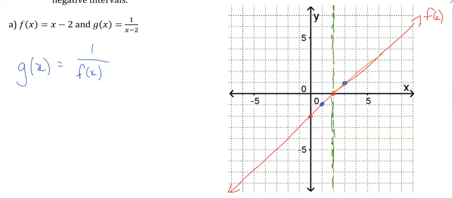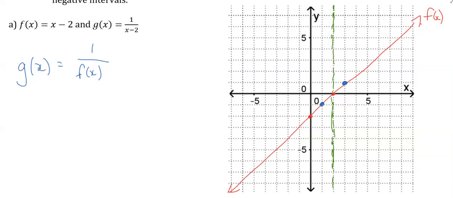What's the reciprocal of a very small number? Imagine yourself coming down this line, getting closer and closer to 0: 0.1, 0.01, 0.0001. What's the reciprocal of those numbers going to do? It's going to get bigger. What's 1 over 0.1?